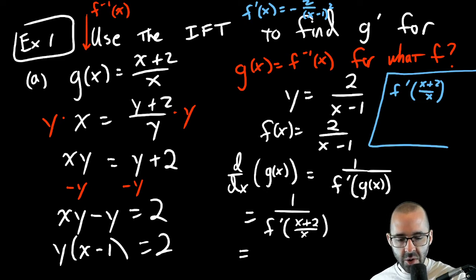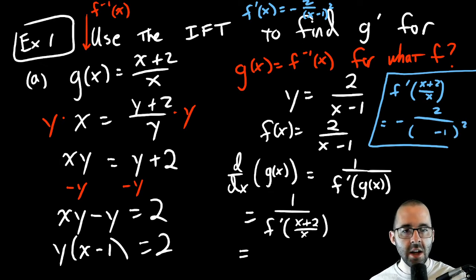So if we look at this f prime and plug this in, what do we get? We're going to get -2 over x minus 1 squared. But we're not plugging in x anymore, right? That's what it was for f prime of x, but we're replacing x with this fraction, x plus 2 over x.